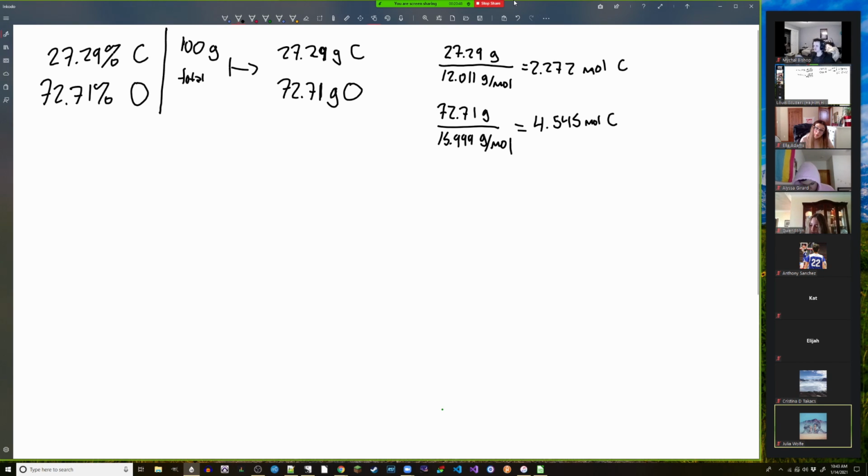I'm going to keep the full precision number in my calculator for the next calculation. And of course, we're doing our little formula. Whoops, 2.272, sorry.